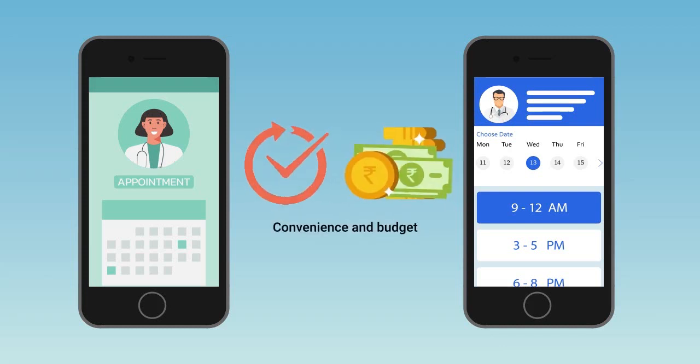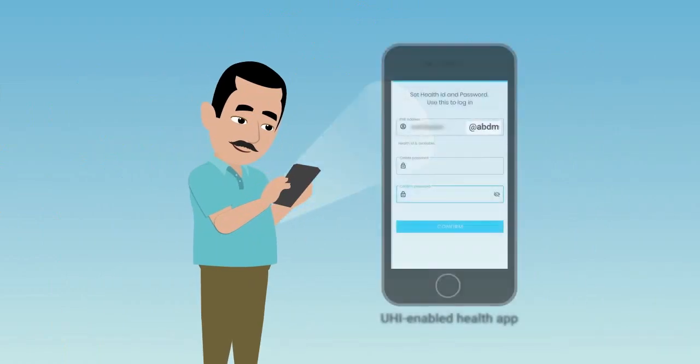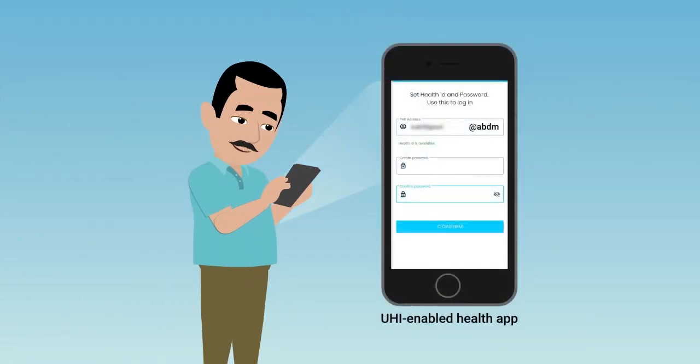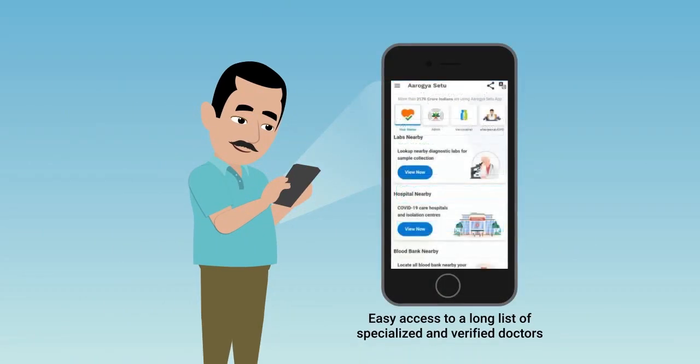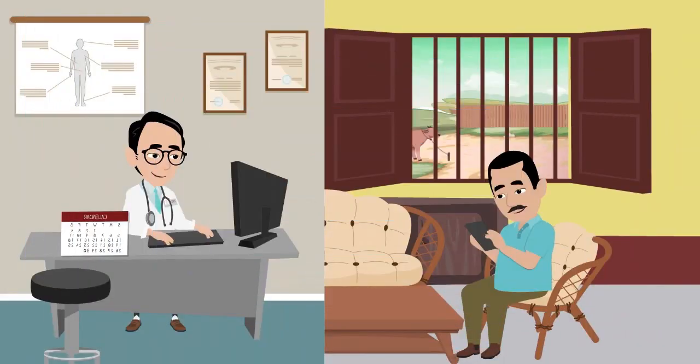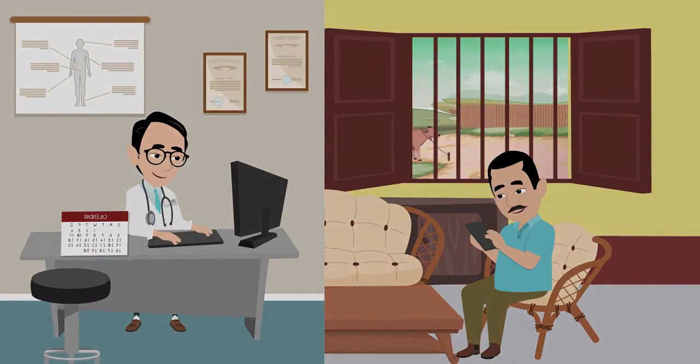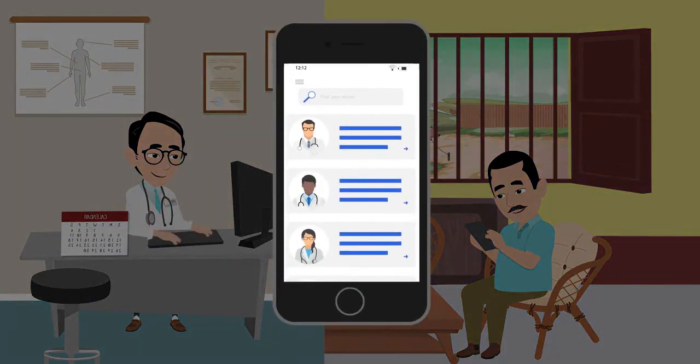He then uses the UHI-enabled health app. He gets easy access to a long list of specialized and verified doctors from different applications, with consultation fees mentioned in one single app instead of hopping from one app to another. Thus, the doctor and patient don't need to use the same application to be able to talk to each other.